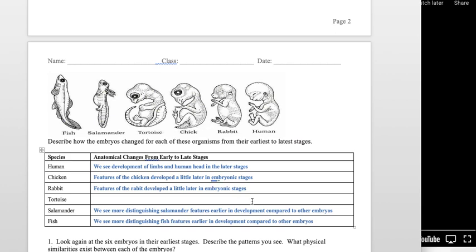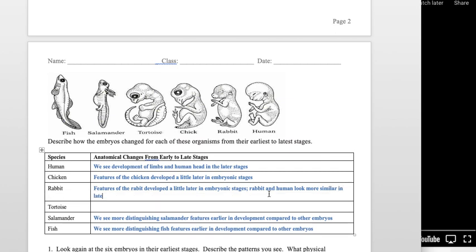I kind of got the rabbit wrong. But I do feel like the rabbit and human look more similar in later stages. Always spell that wrong. And you can see that there.